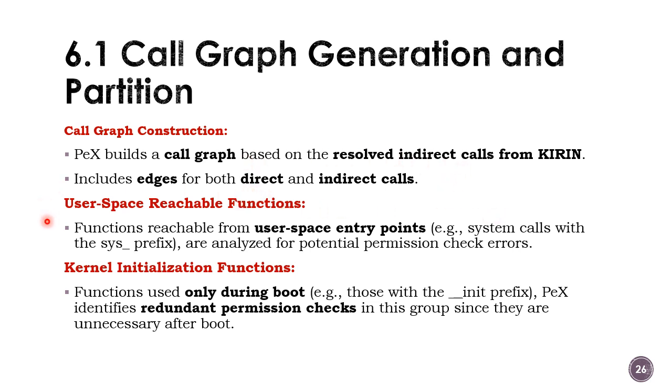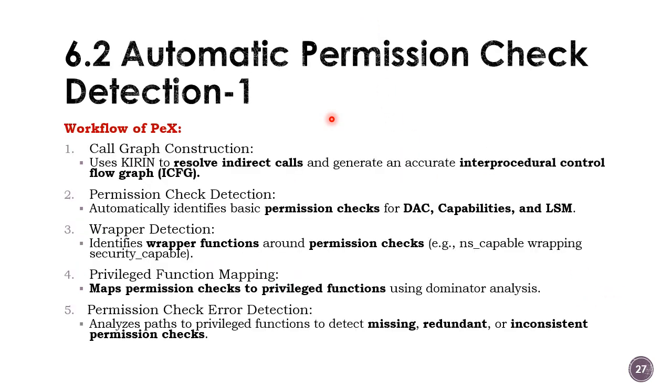And as for the code graph generation, we also need to filter out some non-privileged functions, so we will target some places like user space entry points and those functions that are used only during boot. We will consider some of them redundant permission checks, and some are not, or maybe potential permission check errors.